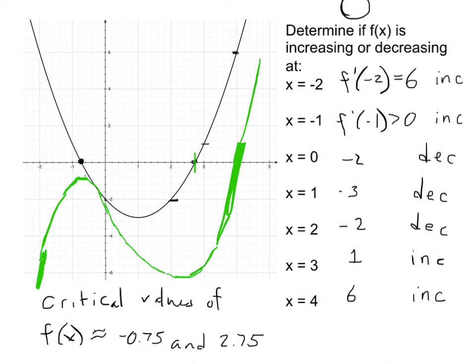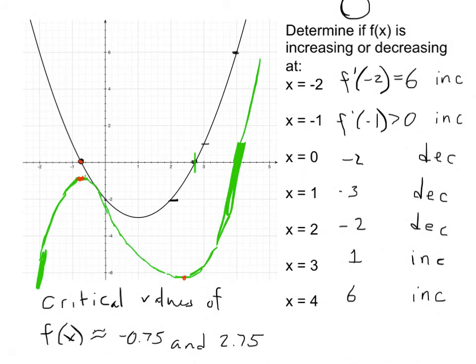So the big, huge question, what are critical values about? What's the whole point? The whole point is that when you've got a critical value, that tends to indicate that there was either a maximum or a minimum value of the original function.